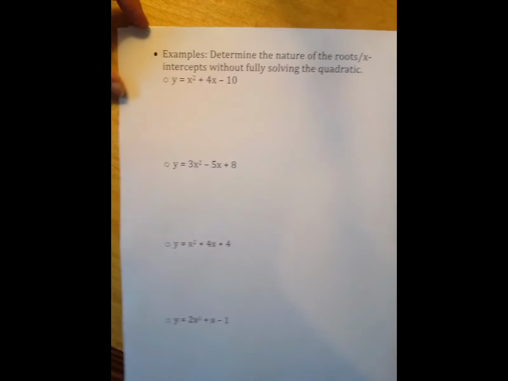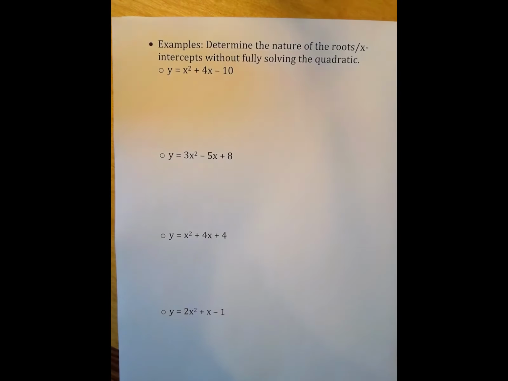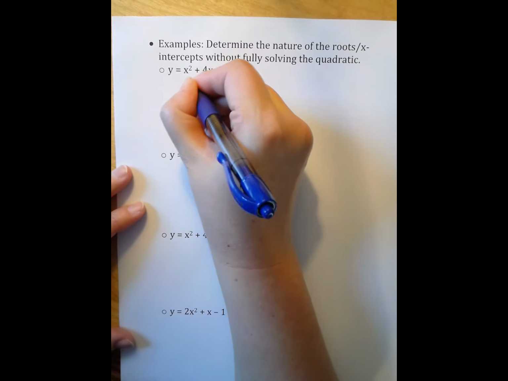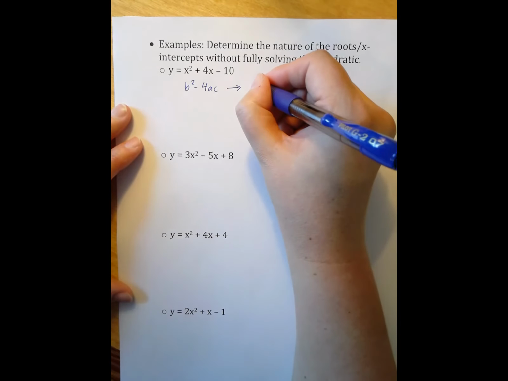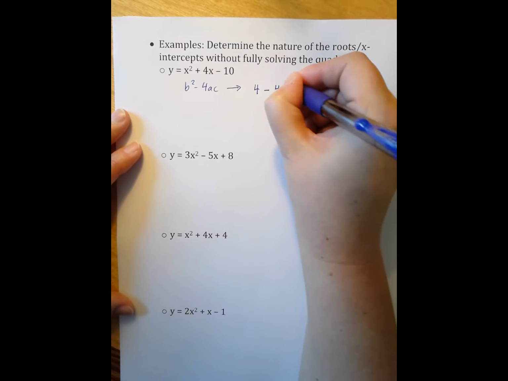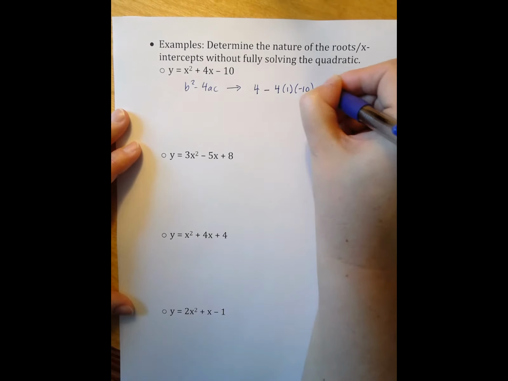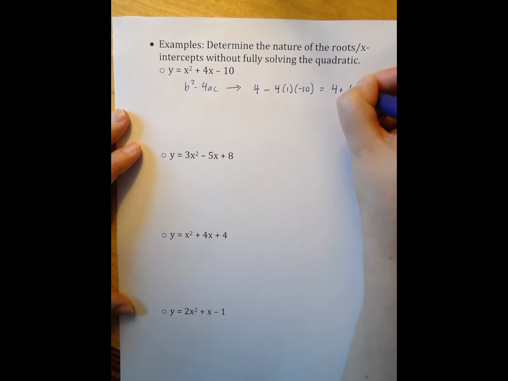When we talk about determining the kind of root or intercept that we're getting, we're asking, is it rational, real, complex, irrational? What is it exactly in terms of our complex number system? Each and every time I do these problems, the only part I'm going to pay attention to is the b squared minus 4ac. So I've got 4 minus 4 times a times c, which is 4 plus 40, which is 44.